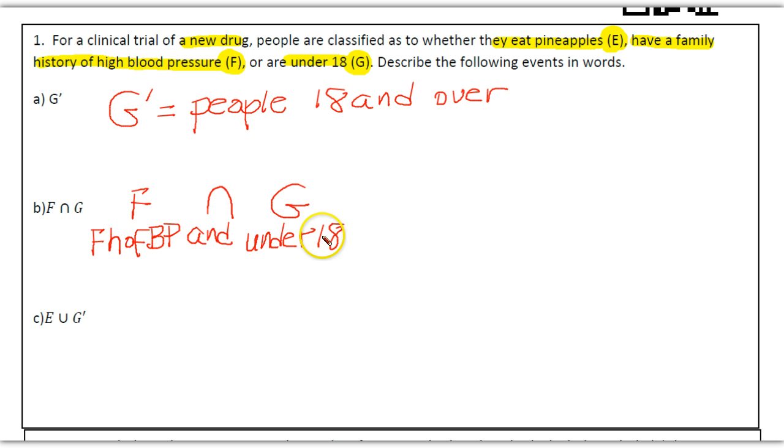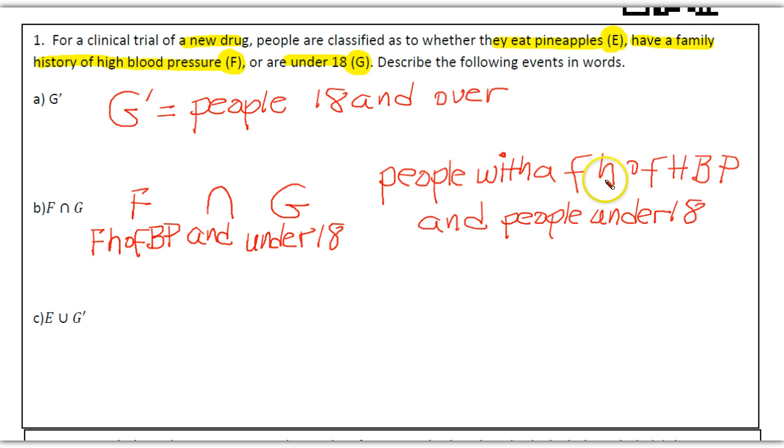So just translating it from the symbolic to the words. I'm using a little abbreviation. So this would be people with a family history of high blood pressure, and because of the intersection sign, people under 18.